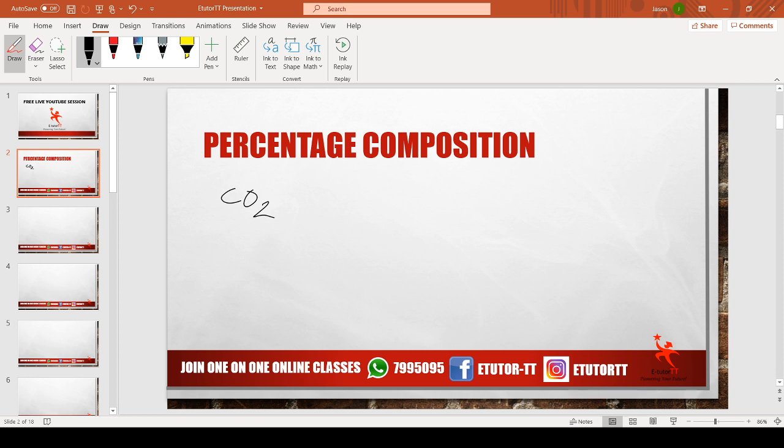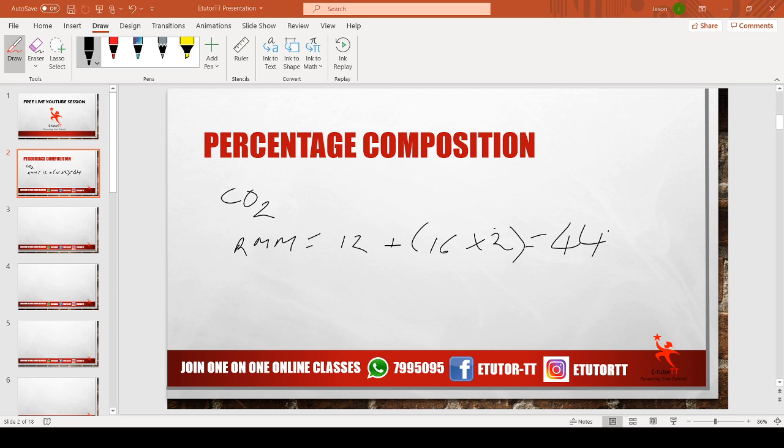The RMM equals 12 for carbon plus oxygen is 16 by 2, which is 32, plus 12 is 44. So the RMM is 44, right?